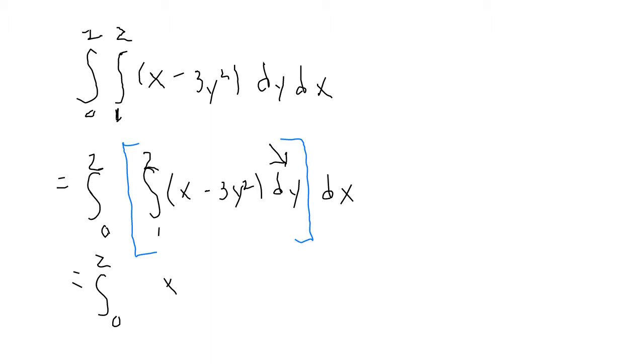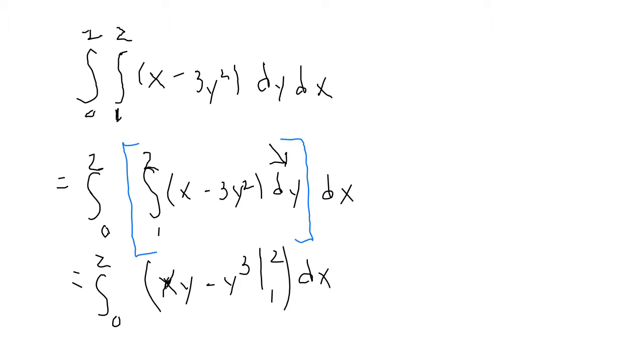So the antiderivative of x is x times y. And the antiderivative of 3y squared is going to be y cubed. And I'm going to evaluate that expression at my limits of 1 and 2. Okay, so far, so good.